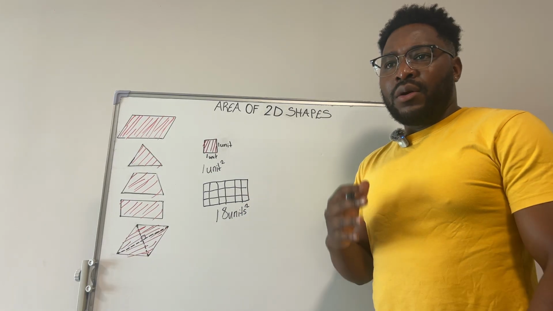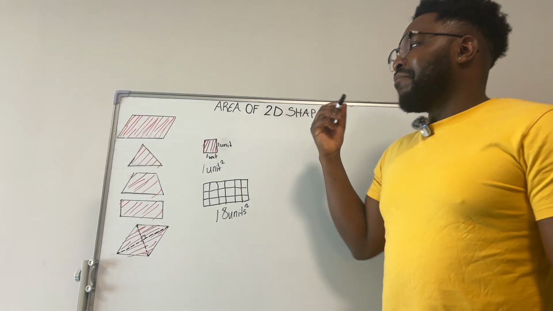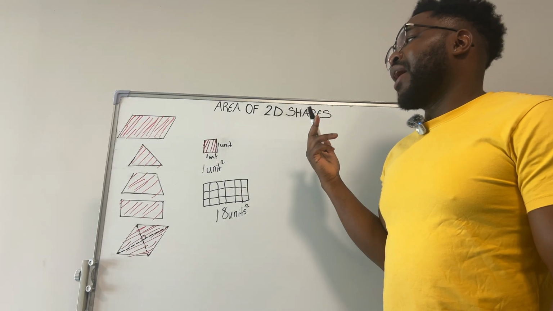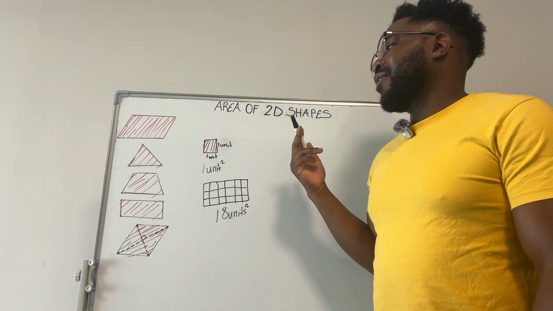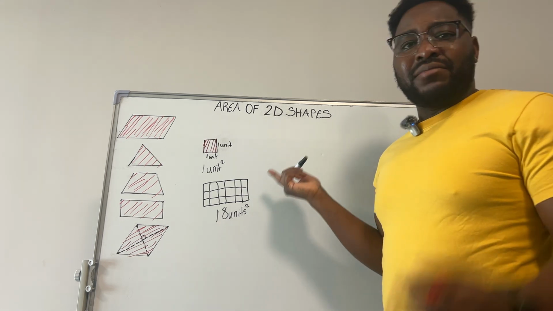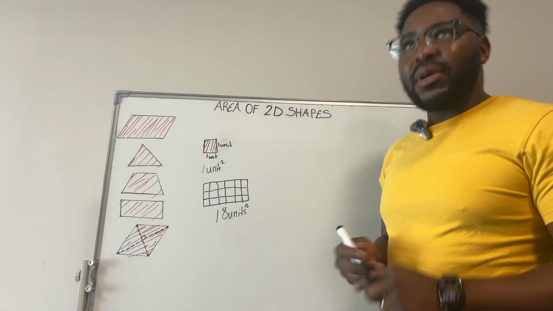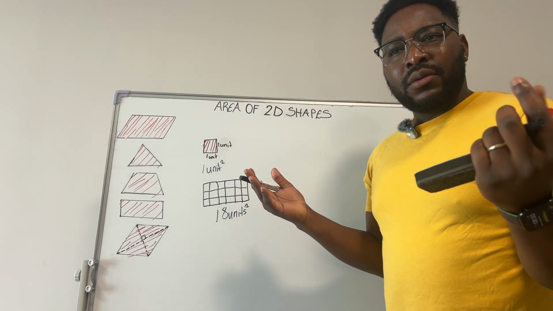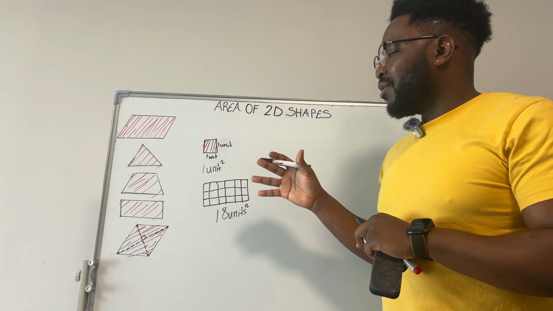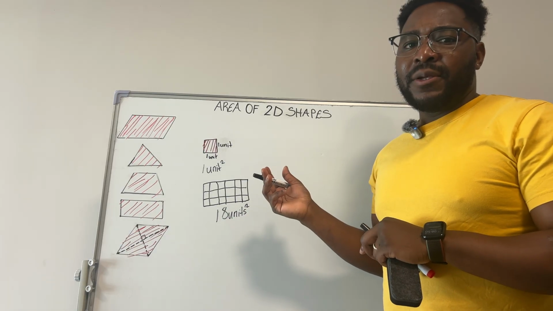Okay, so we have to ask ourselves a question. How then are we going to find the area of a triangle, trapezium, parallelogram, a rhombus, a circle? Do these square units fit in all these shapes that I've just mentioned?